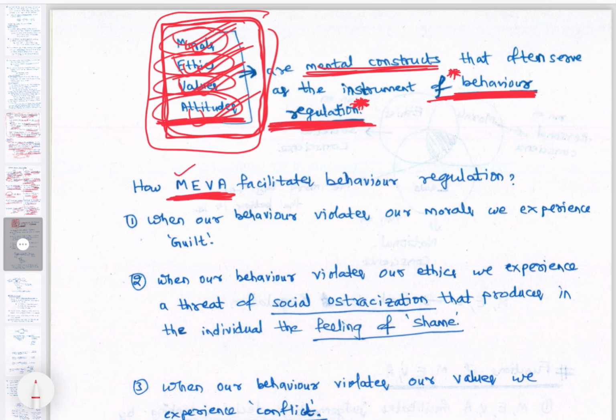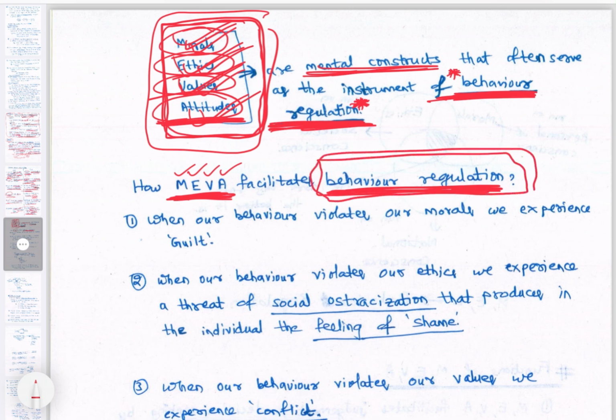Okay, how do morals, ethics, values, and attitudes facilitate behavior regulation? How do they regulate behavior? When our behavior violates our morals, we experience guilt. For example, my moral is not to consume alcohol.